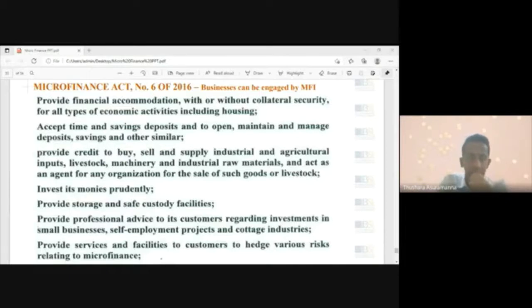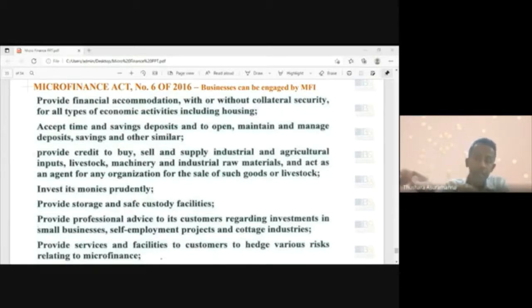So like other organizations, finance companies or banks, they can provide financial accommodation. They can give credit facilities to the client without security. Even they can do housing facilities, right? That's what we talk about in microfinancing. They can give microfinancing loans. That's what line 1 says.